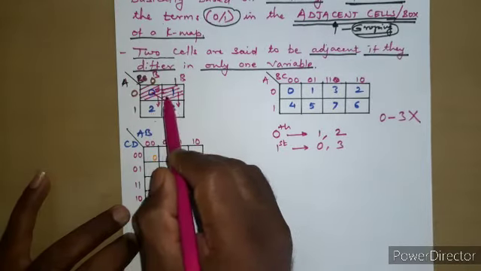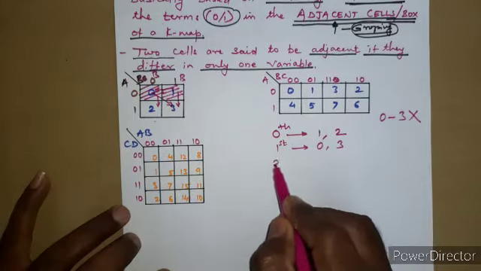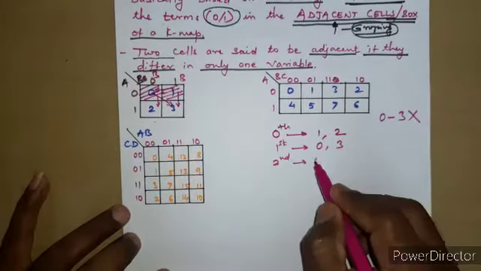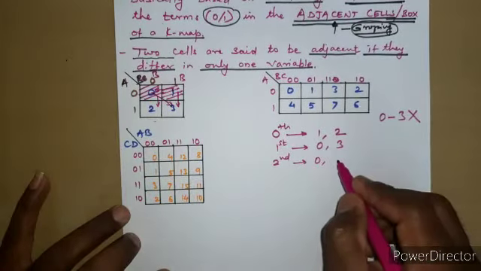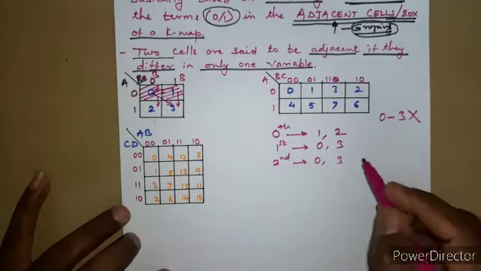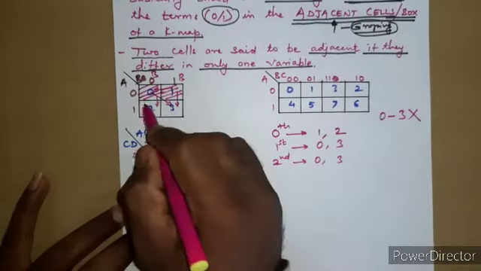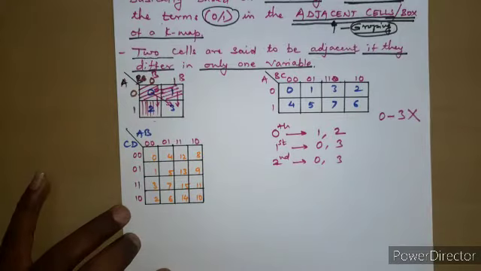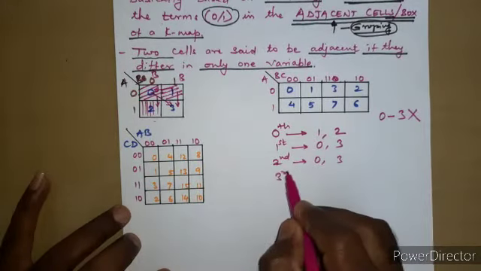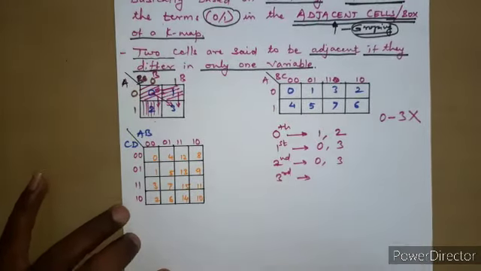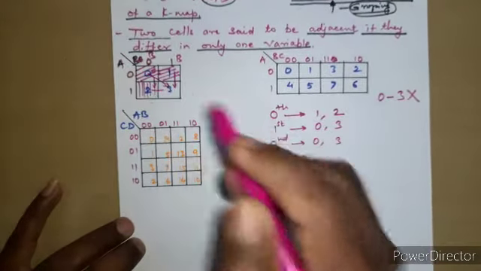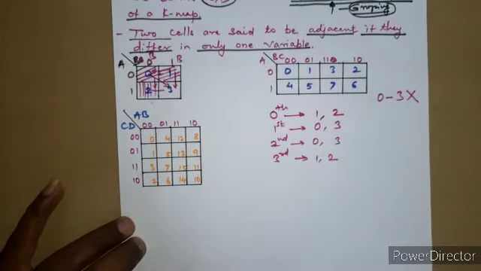Then if you consider this second number cell, then you can see this 0 again and 3 are the adjacent cells to this second cell. Then if you consider the third box or third cell here, then this 1 and 2 are adjacent.